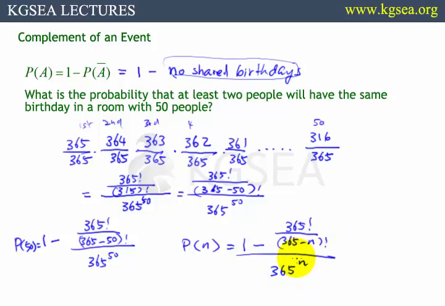So that's the general form, of which when we say n is 50, we have this case here. So that's the formula. Aren't you curious about what this number would be? Indeed, if you run a seminar and 50 people came, aren't you curious what the chances are that at least two people in the room share the same birthday? We will find out.